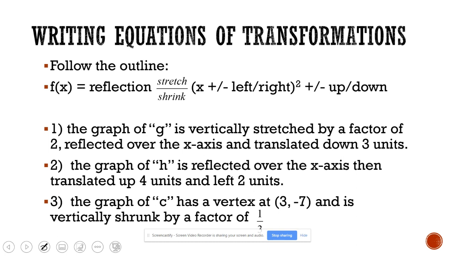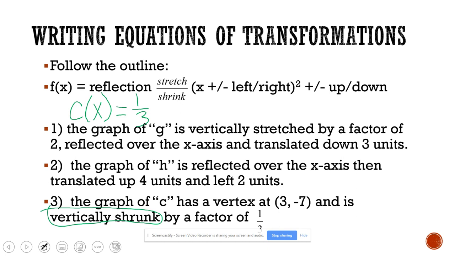And our third example says the graph of c. So we have c of x is equal to, I'm looking for reflection or reflect or reflected, and I don't see any of that. Then I'm looking for stretch or shrink. I have a vertical shrink of 1/3. So 1/3 is going to go here. Then I'm looking for right, left, or up, down.